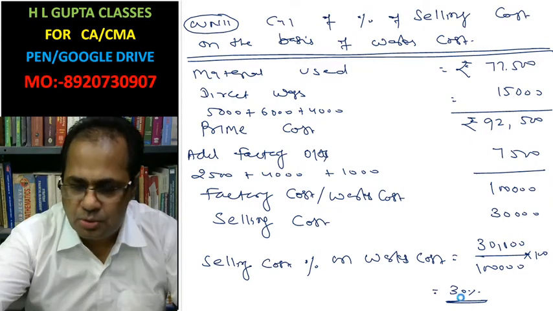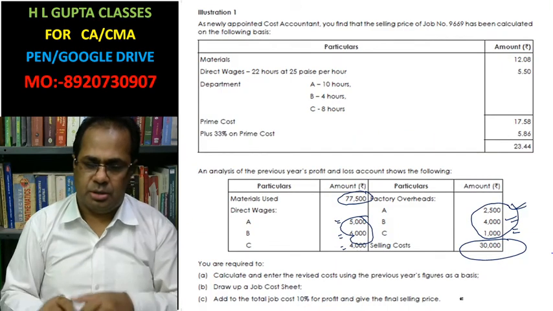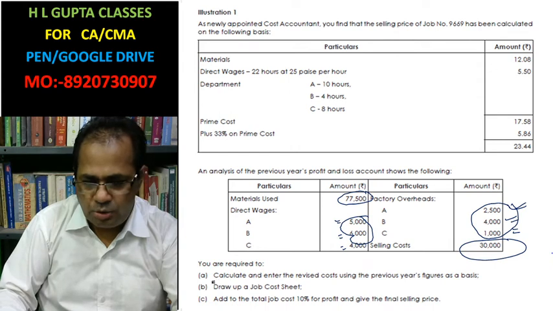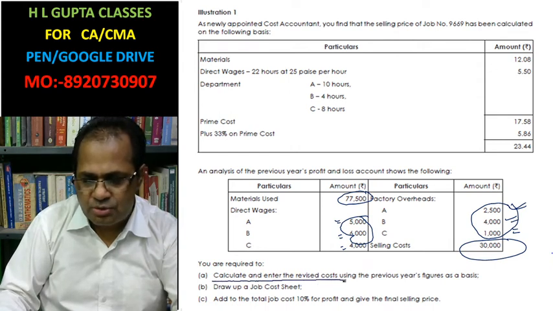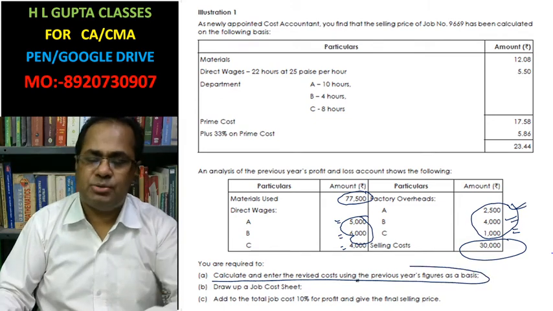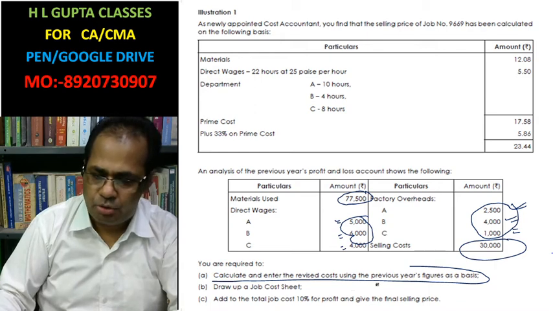Okay, what is the question now? Look at it. On the basis of this, calculate and enter the revised cost using the previous year figures as a basis. So the basis you have to calculate, you have already drawn.